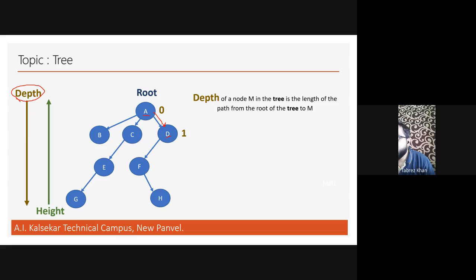So here also I am using brown in the definition, and likewise in the numbers. These brown colored numbers are the depth of the node. Likewise, for another node, say F, the depth of F is 2, and the depth of H is 3. Now, what is the depth of my entire tree?